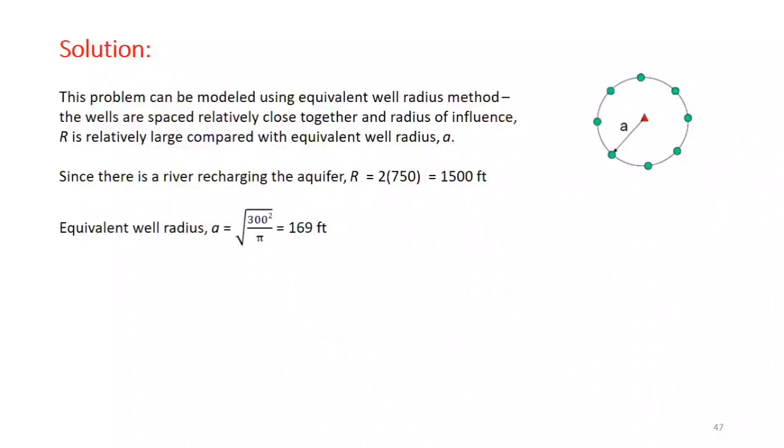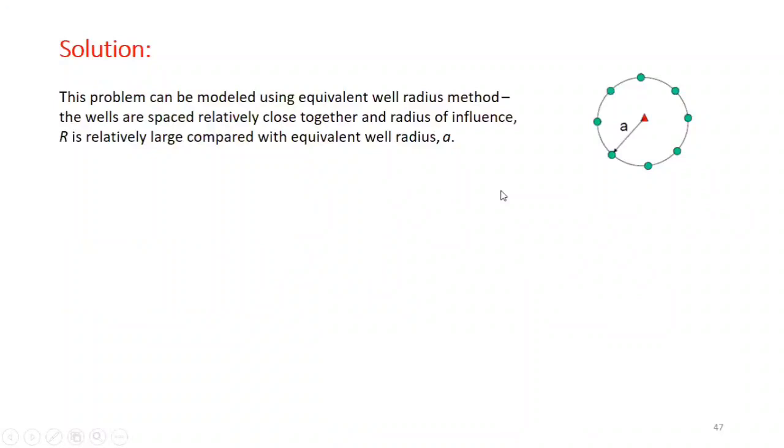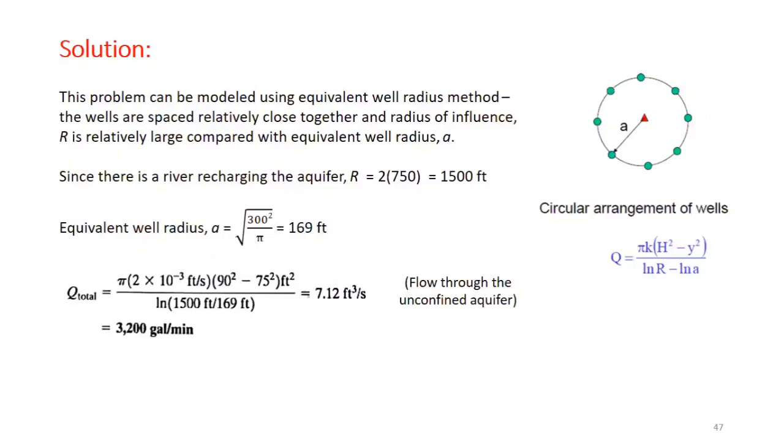For the equivalent well radius, like we have been doing before, we have a system of excavations of 300 feet by 300 feet. So 300 feet by 300 feet divided by pi, and the square root of that gives you an equivalent radius of 169 feet.